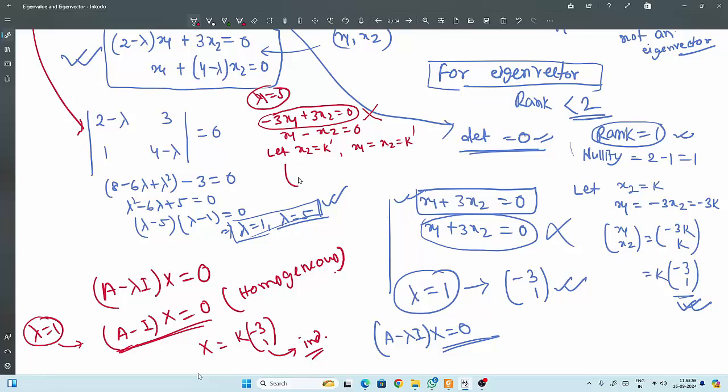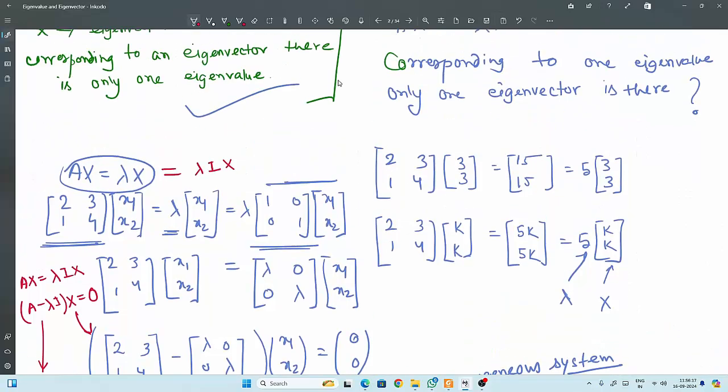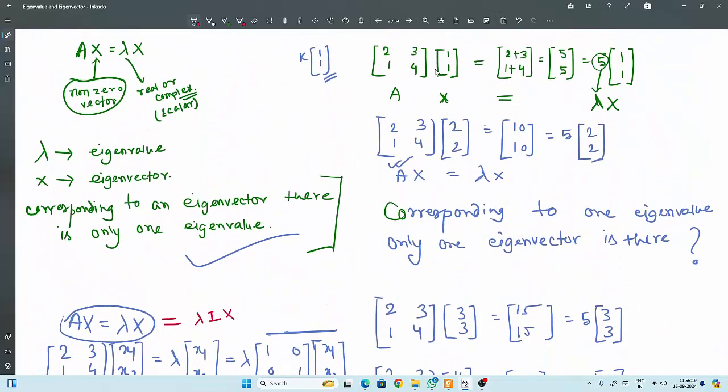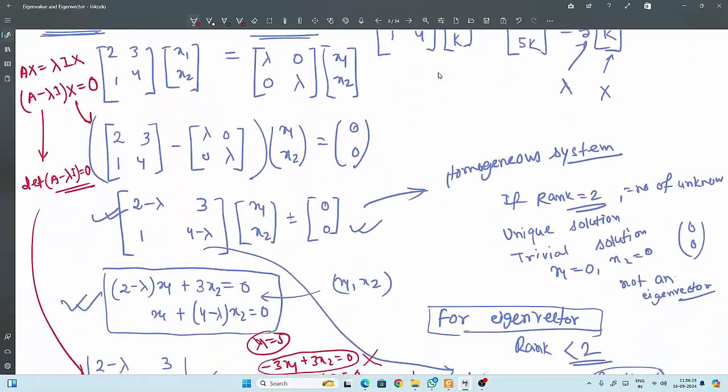That means you are getting the solution x1 x2 as k dash k dash. That means it is just k dash into 1 1. That's why I have taken 1 1 as an eigenvector at the starting. But here now we are calculating it by using the rule that lambda equal to 5 is giving you the eigenvector 1 1, but for starting we have taken it as 1 1, but the actual process is calculating like that.